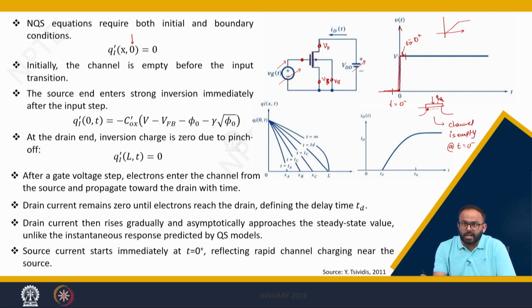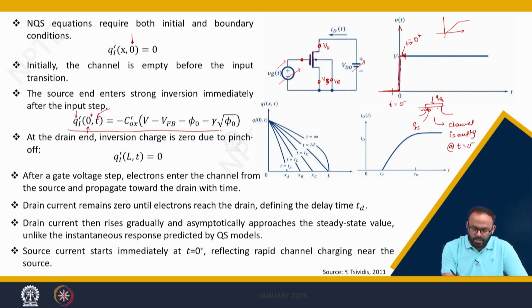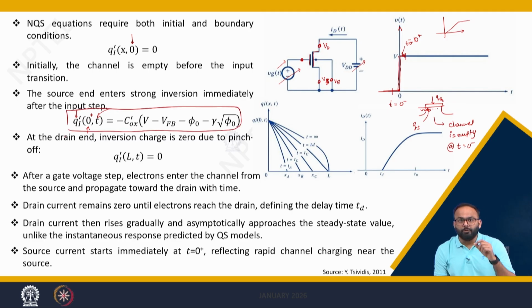The change in gate charge will result in a change in the charge at the source side, meaning a stream of electrons enters the source immediately. That is at x equals 0, or x equals 0 plus, just at the source at time t, when the voltage comes, the inversion charge will appear. However, this will not give you the current because this charge is present only at the source side now.